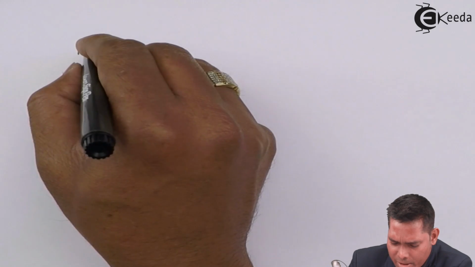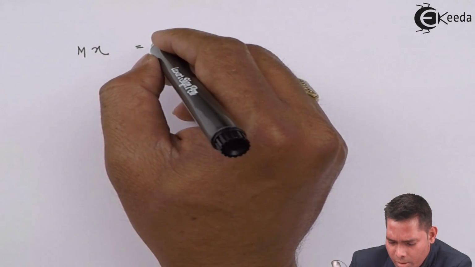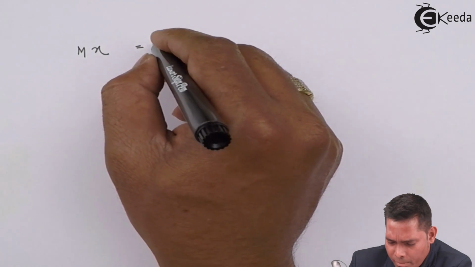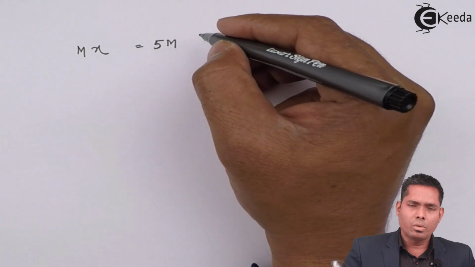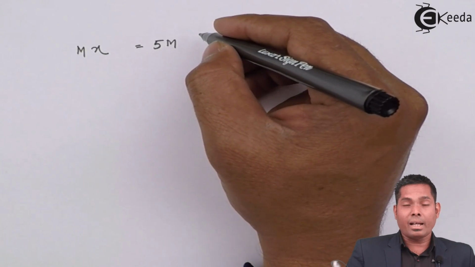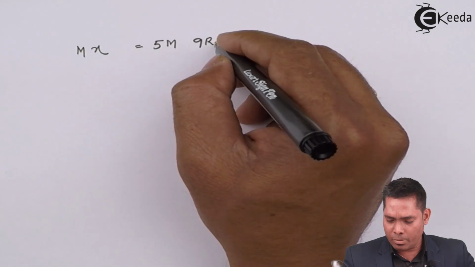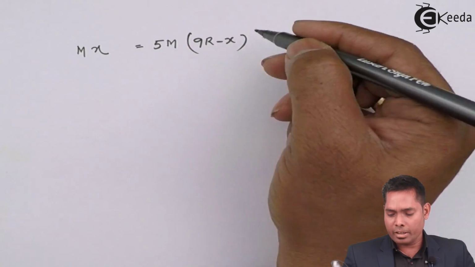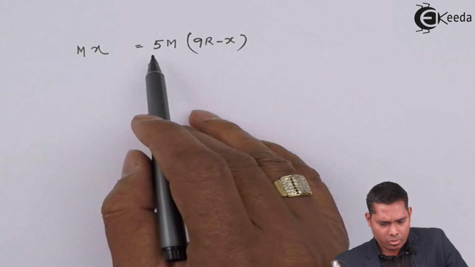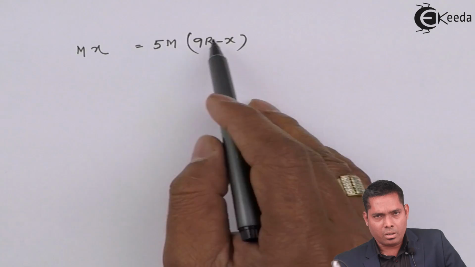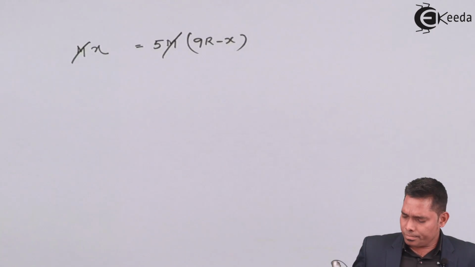In this situation, the first mass is m. Suppose this moves by a distance x, then how much distance will the second mass 5m move? Out of this 9r distance, x is moved by this, and the remaining distance will be moved by the second mass, the 5m mass, because the net distance will be 9r. If I solve this, m will cancel.